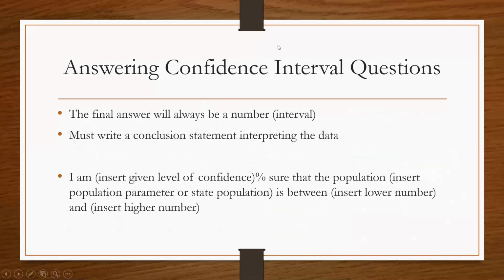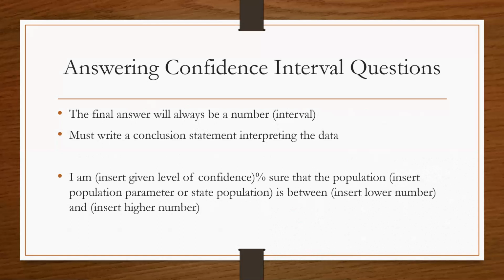All right. So when it comes to answering confidence interval questions, there's a few things you always have to keep in mind. The final answer will always be a number, but it's got to be some kind of interval. You also always have to write a conclusion statement when interpreting the data.